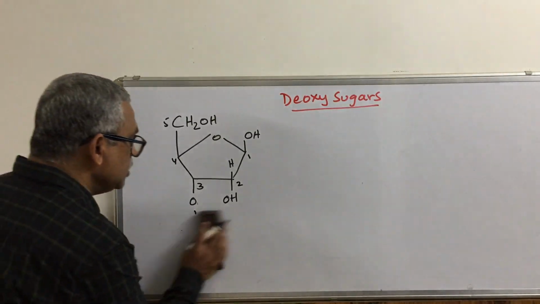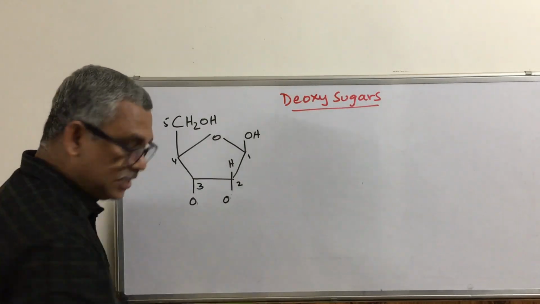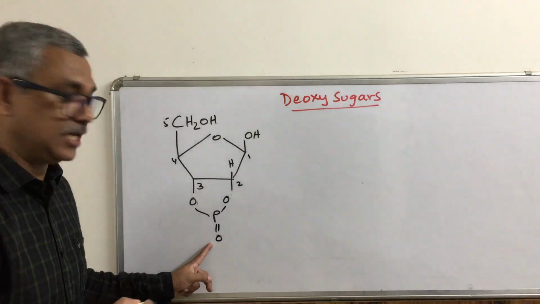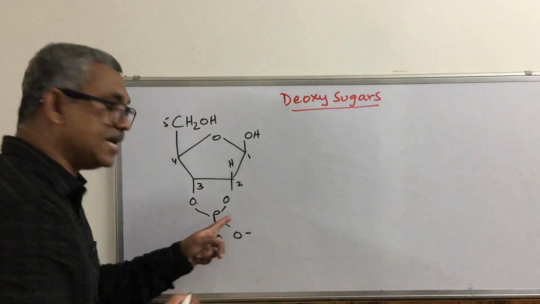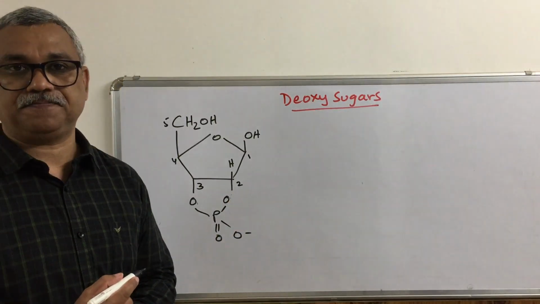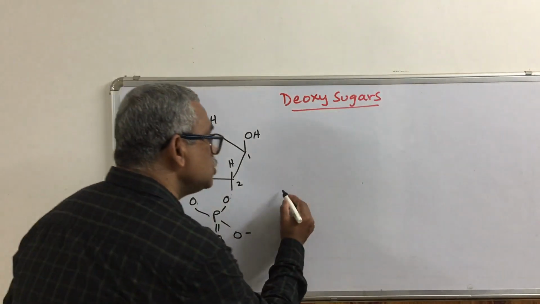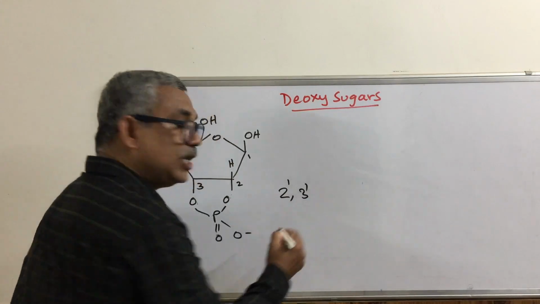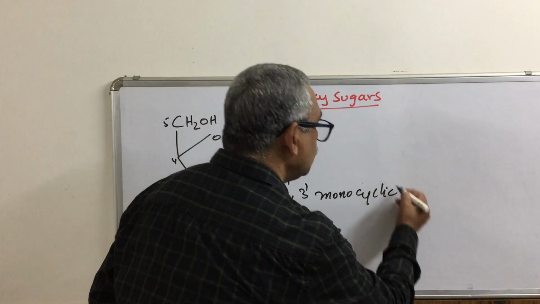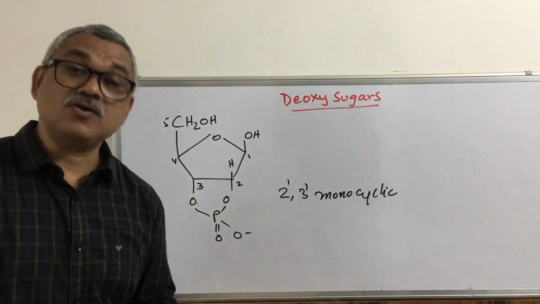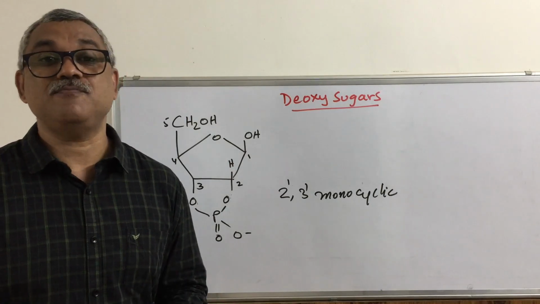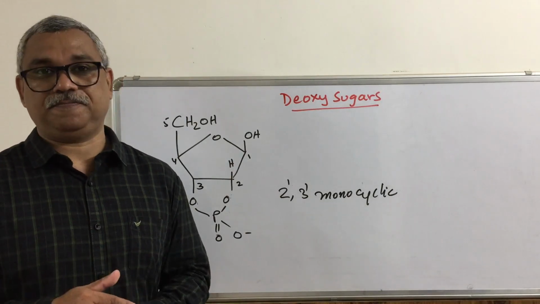In other words, it forms a kind of phosphate ester with the second and the third carbon atom. Therefore, this is known as a 2,3 monocyclic compound.